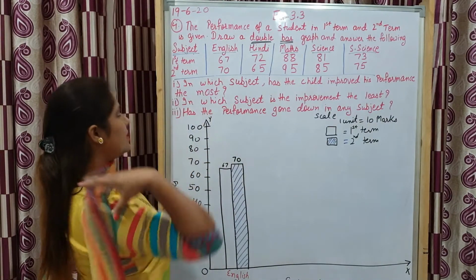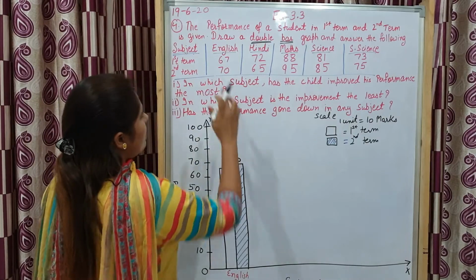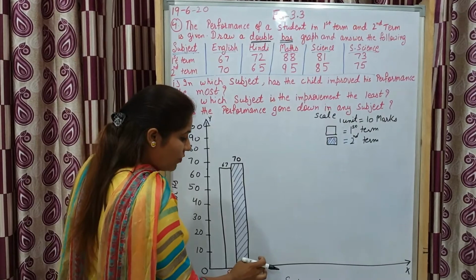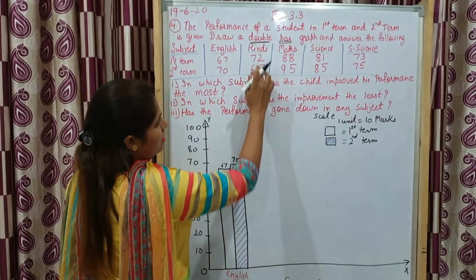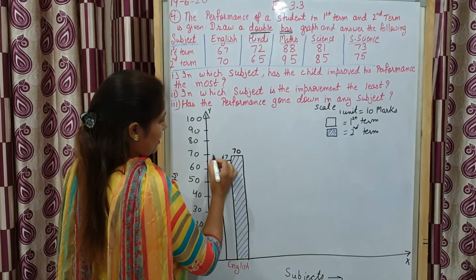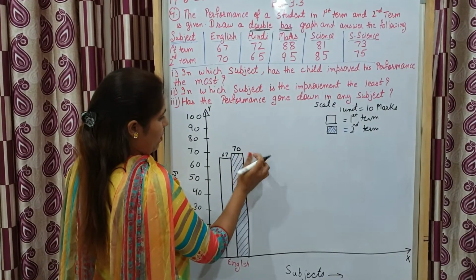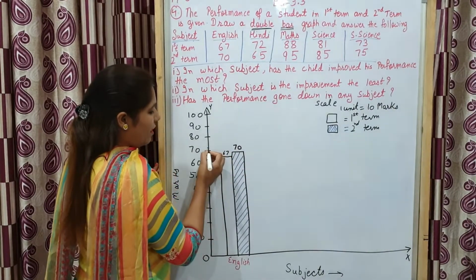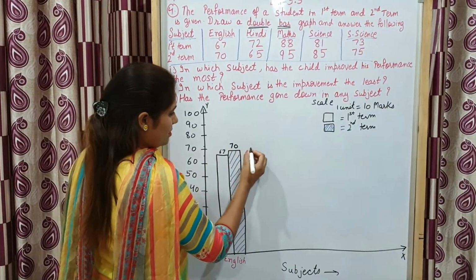Now the second subject is Hindi. First term 72. Now the next subject has started, so we leave one box. One box, then first term 72. Now here it is 70. After leaving one box, here is 70. A little bit here, you can count in the graph after two lines.